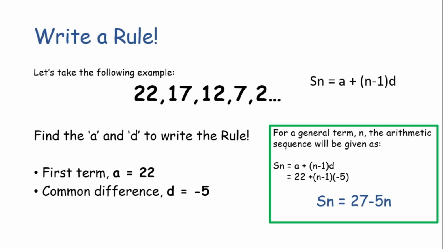So, to write the general rule for this arithmetic sequence, we can substitute what we have found for a and d. In this case, we get the general rule for this arithmetic sequence to be Sn is equal to 27 minus 5n.